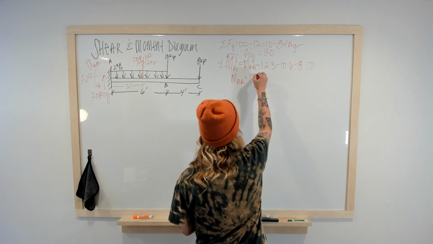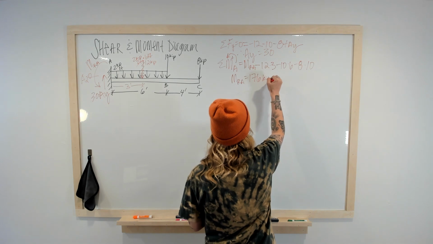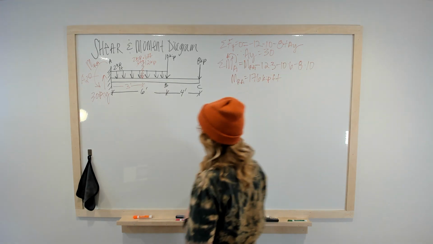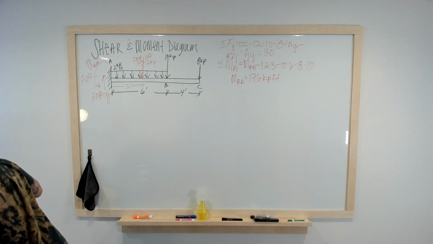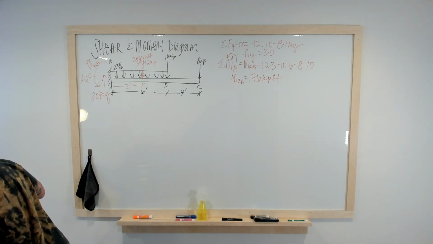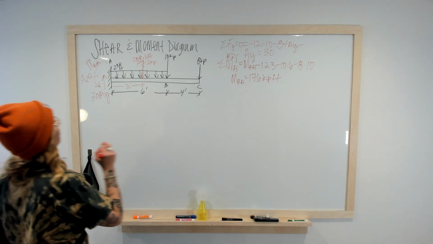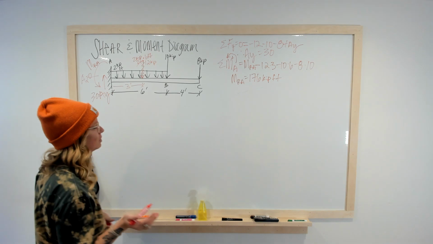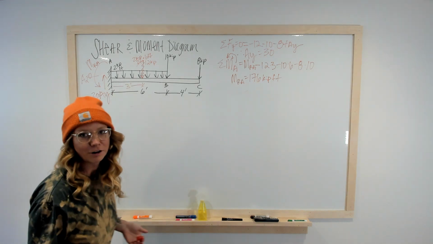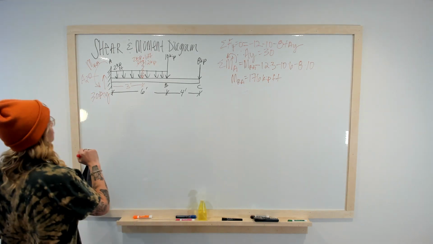MRA is equal to 176, and this is kip feet. That's the unit for that. Let's just triple check that that is indeed correct. That's right. All right, cool. Got to check my work too. I don't want to make this whole video and then you have to go back and figure out what I did wrong. But also sometimes it's good to catch mistakes.